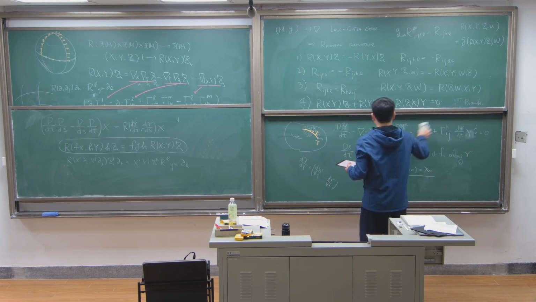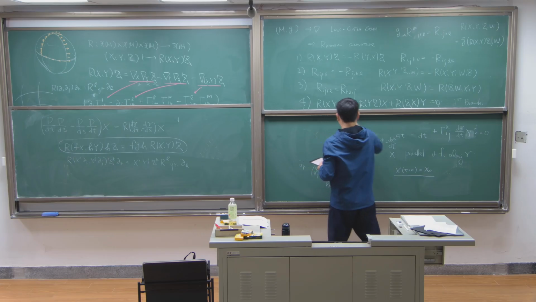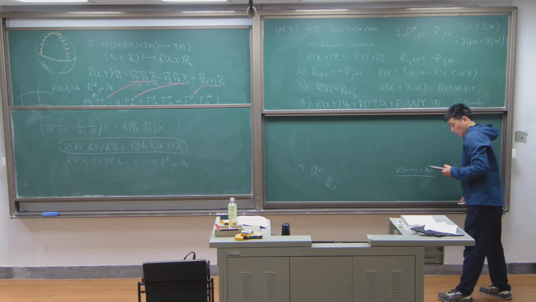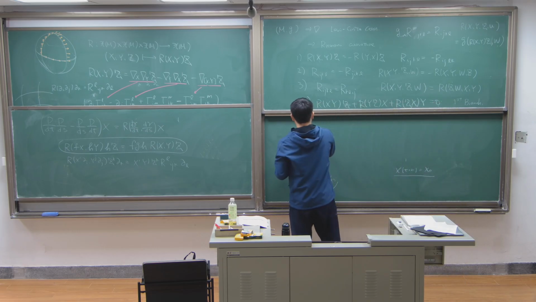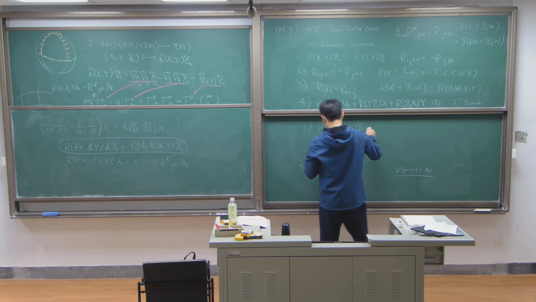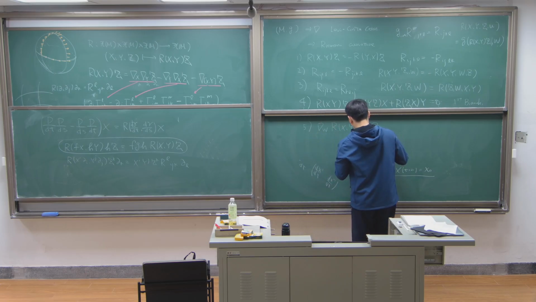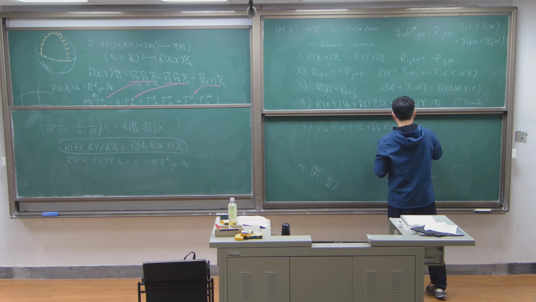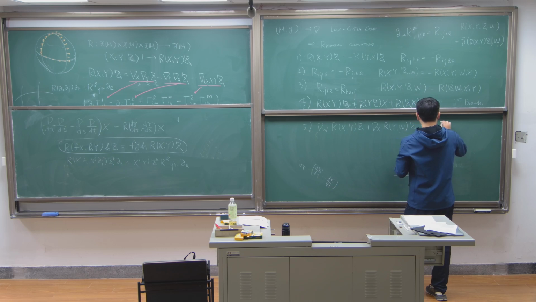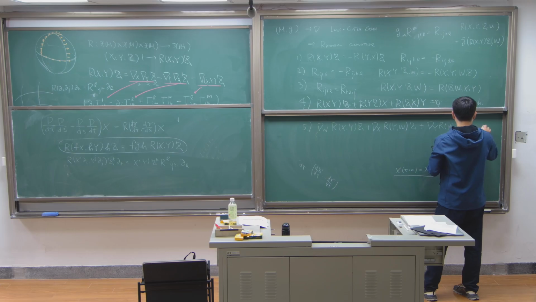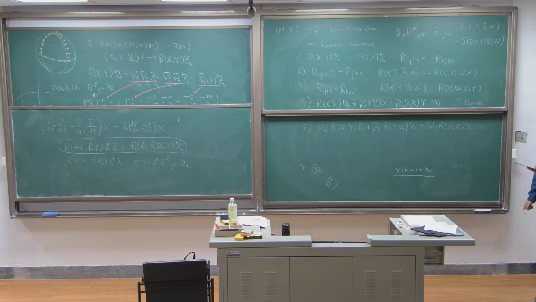And there is the second Bianchi identity. So this is the second Bianchi identity.